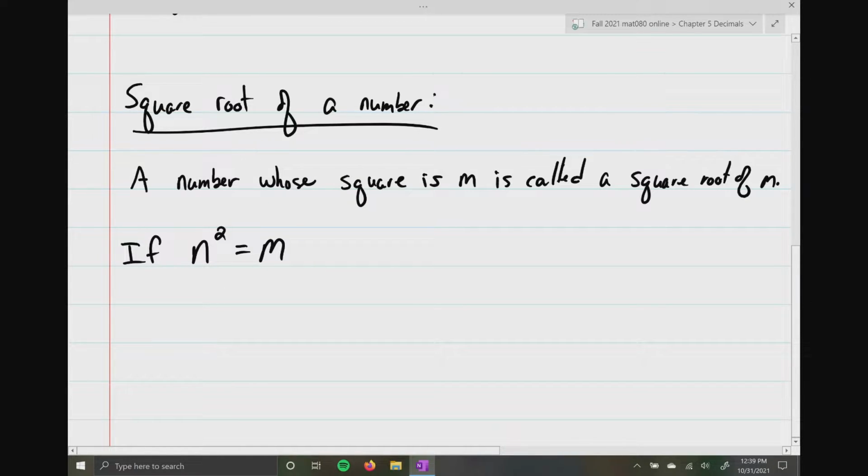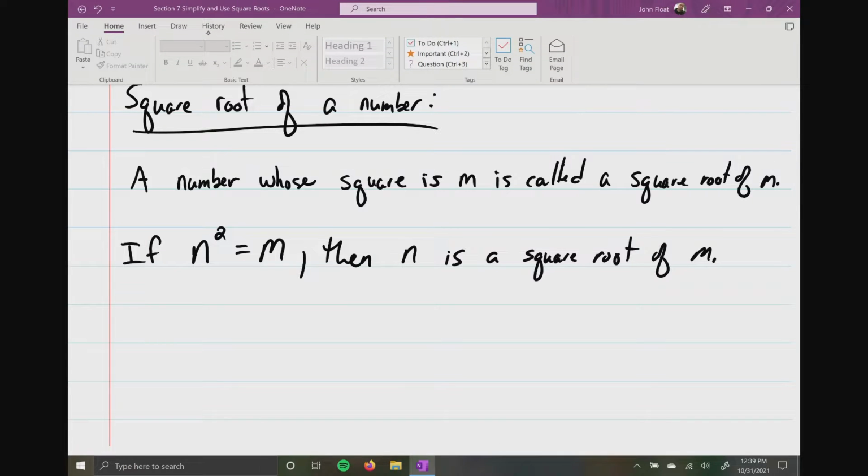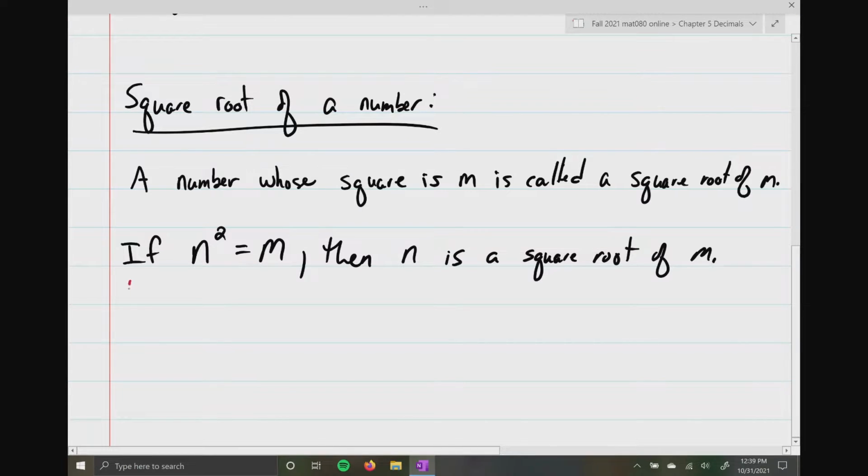If n to the second equals m, then n is a square root of m. So directly underneath in red, I'm going to give you numbers, and it should make sense.